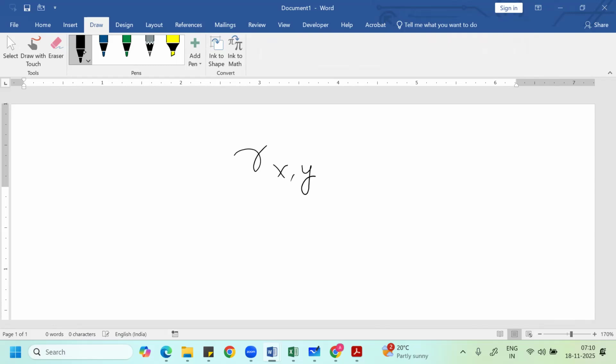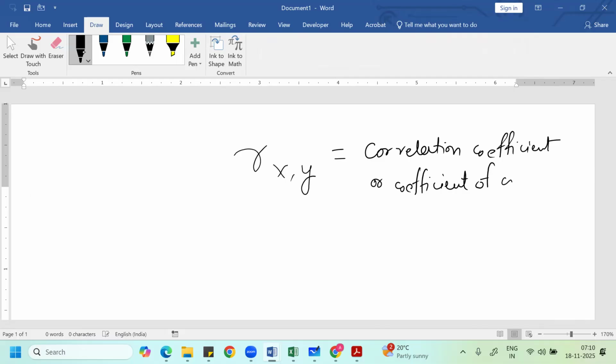Correlation is normally represented with the symbol R. R is the symbol which represents the correlation, and this R is called correlation coefficient, or coefficient of correlation. Different textbooks will use different naming, so don't get confused. And the value of this R lies between -1 to +1.